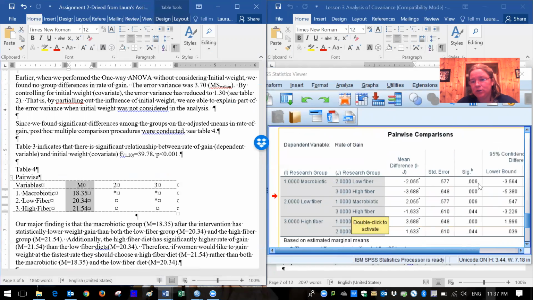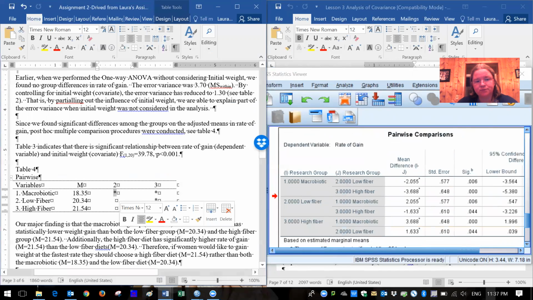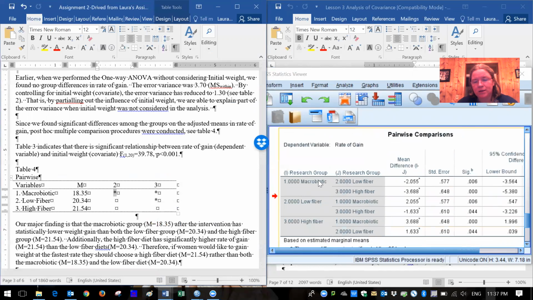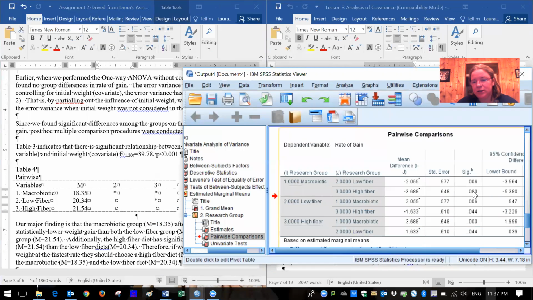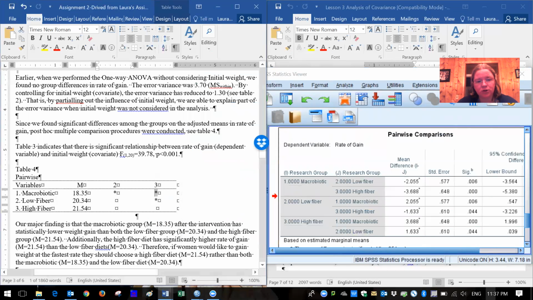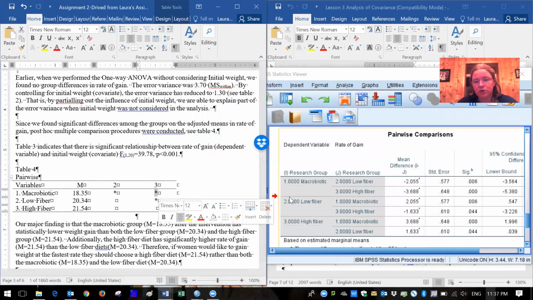So we have 0.006. Because of this sig value between microbiotic and low fiber, we're going to put an asterisk. Okay? And that means that they're significantly different. And then because of this .000, microbiotic and high fiber also get an asterisk, meaning that they're different.